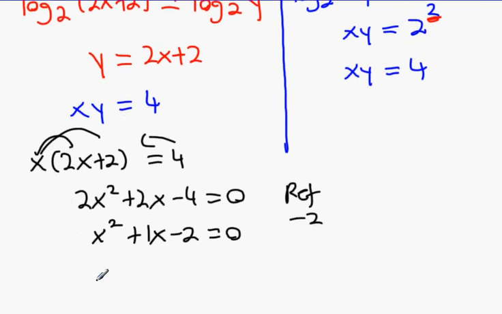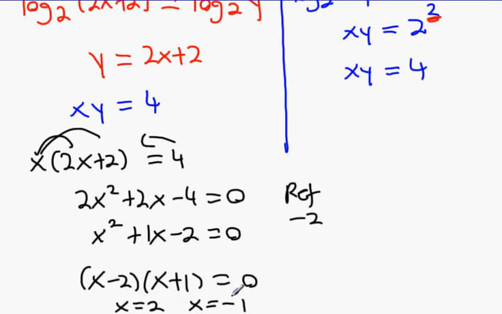And what we should get here is x minus 2, x plus 1 equals 0, x equals 2, or x equals minus 1. Once you've done that, you need to go back up. Once you get your 2 x values, you always sub it back into the linear, not the quadratic, the linear, always.